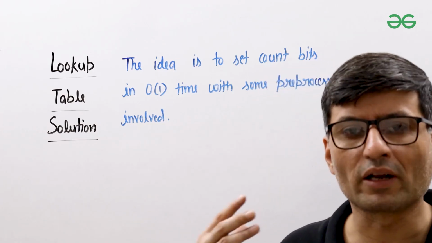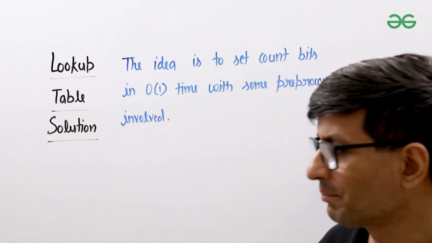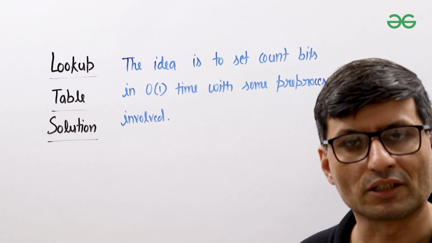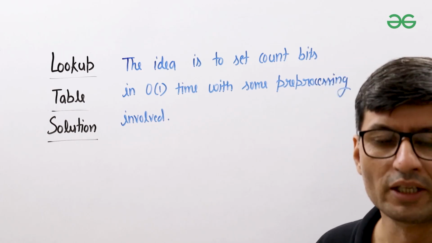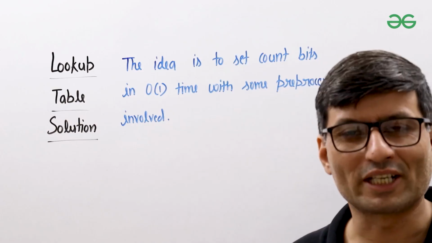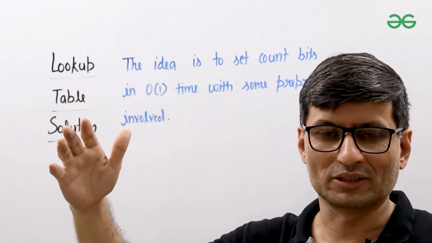See, if you have multiple count set bit queries, it's a good idea to pre-process the numbers so that you can give the answer for every query in big O of 1 time. And one solution that you might be thinking is, I'll compute count of set bits in every 32-bit number, right?